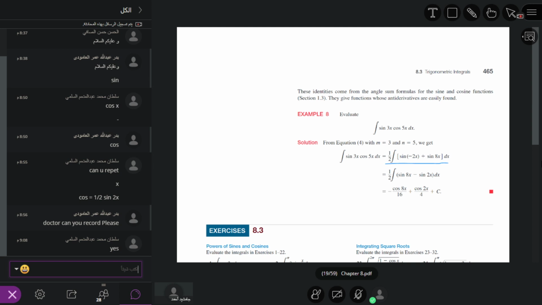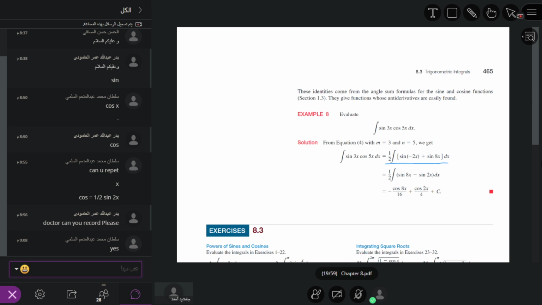We write sine 8x first and minus sine 2x later. So we have sine 8x minus sine 2x.